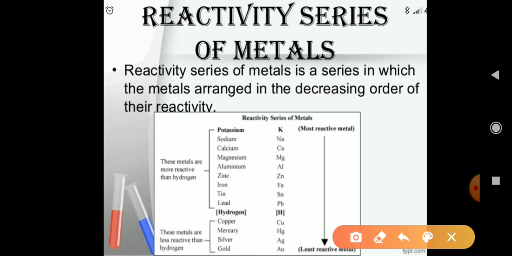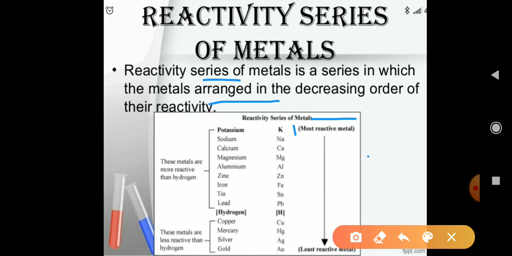So the most reactive elements or metals are at the top, and as we go down reactivity decreases. So the reactivity series of metals is a series in which metals are arranged in decreasing order of reactivity. That is, at the top there are the most reactive metals, and at the bottom there are the least reactive metals.